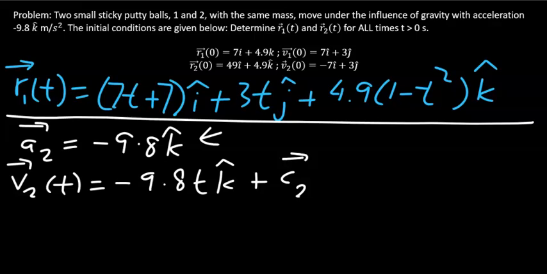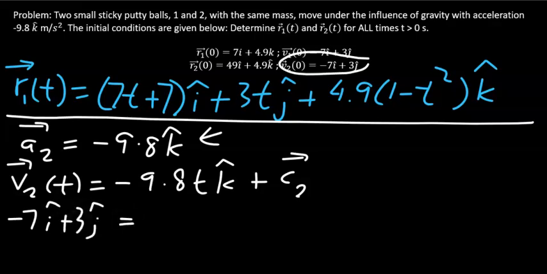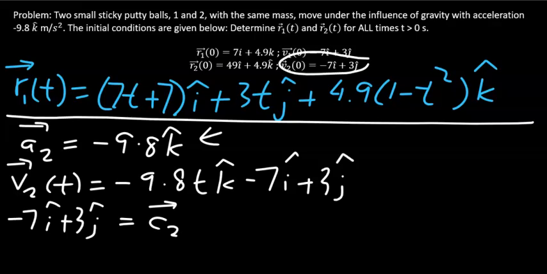However, we know at t equals 0, its velocity is given by that expression. So minus 7 i hat plus 3 j hat is quite simply that constant vector c2. So let's write it over there. Minus 7 i hat plus 3 j hat. So that is the velocity vector of ball 2 at any time t.